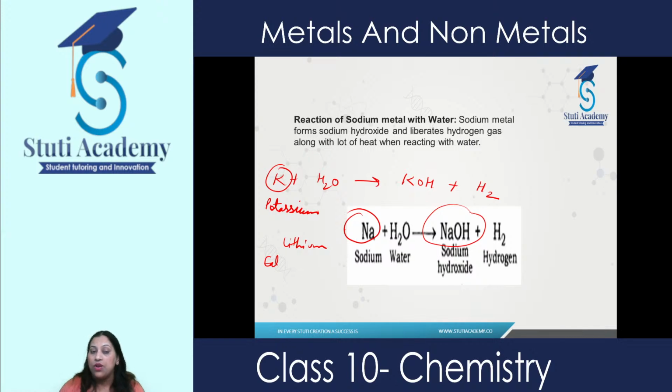But we are not storing lithium, although it is also a very reactive metal, because it is less dense than kerosene oil and it starts floating on it. So when potassium and sodium react with water, they form hydroxides and hydrogen gas is liberated.